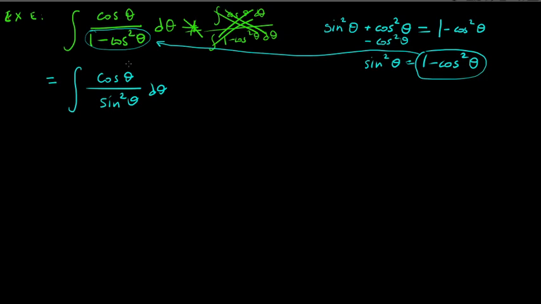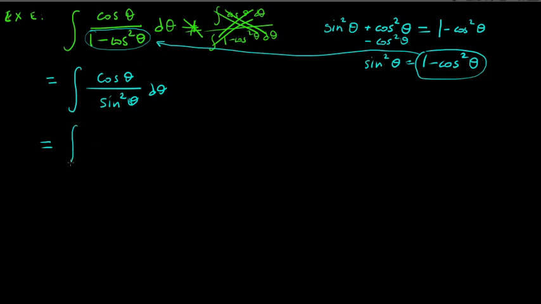You might be wondering, this is still a quotient, and if there's no quotient rule, then I'm still stuck. True, there's no quotient rule, so we can't split this up either. We cannot do the integral of cosine divided by the integral of sine squared. For one thing, we don't even know the integral of sine squared. That's actually a slightly harder problem.